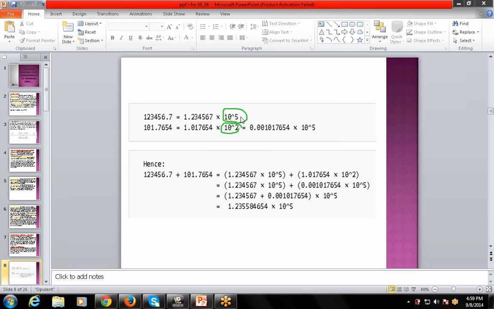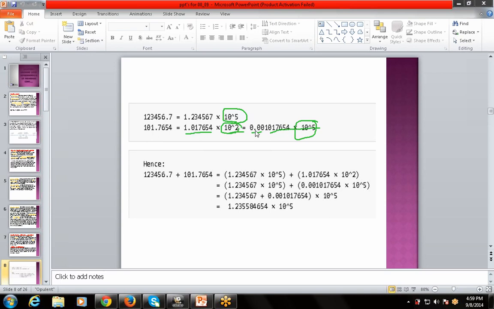Converting this number from 10 power 2 to 10 power 5 means shifting 3 digits, because the difference between 2 and 5 is 3. So I am shifting 3 digits from one part to the other.